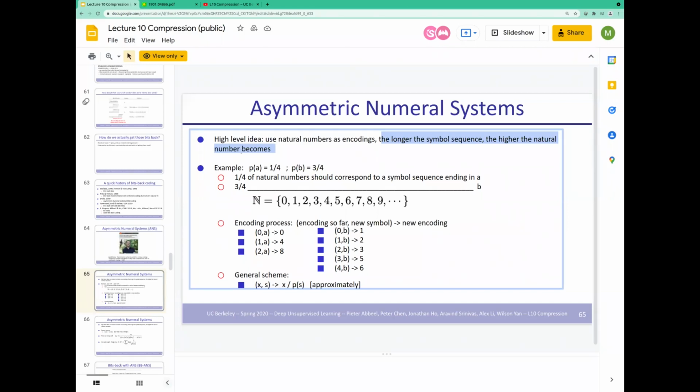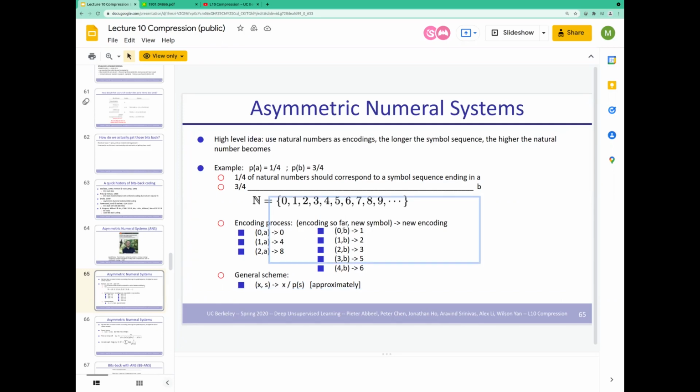So here's an example. If the probability of A is 1/4 and the probability of B is 3/4, the encoding is: 1/4 of the natural numbers should correspond to a sequence ending in A, and 3/4 should correspond to ending in B. So the idea is, if the first letter is A, then the number is 0.